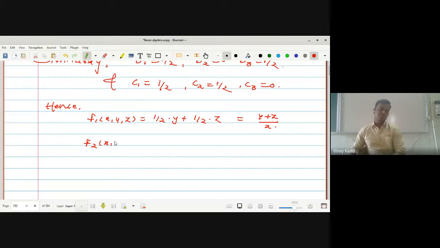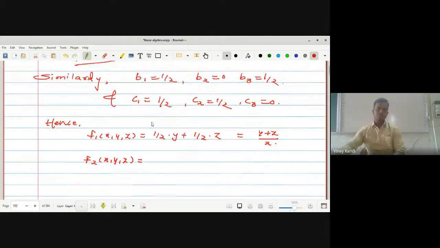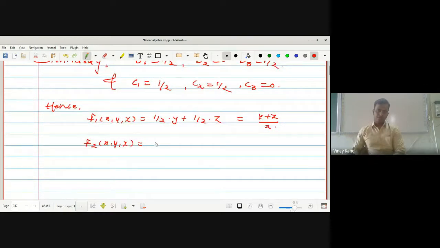F2 of x, y, z is equal to, b2 is 0. Okay, so here x plus z divided by 2. Is it correct? Yes, sir. F3 of x, y, z is equal to x plus y divided by 2.